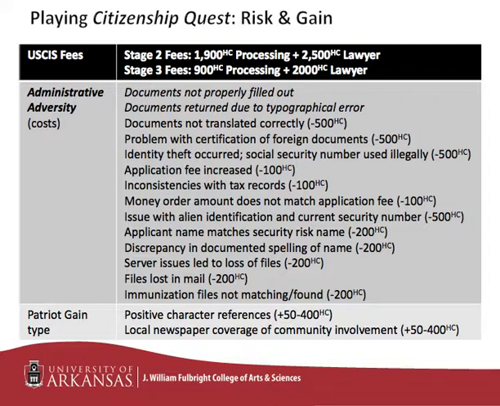On the other hand, good things might happen to you. Might get positive character references from key community leaders, or you might get good local community coverage from becoming involved with making your community a better place. In other words, you can do things, but things will happen to you. And it's a major part of the game is good luck and bad luck.